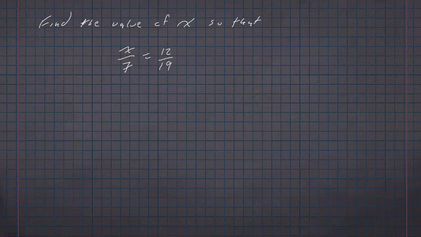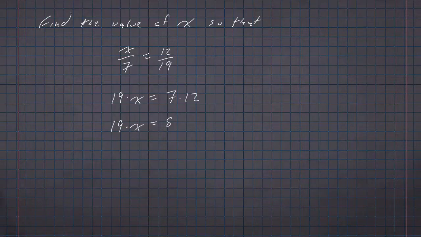In this particular case, x is in a proportion, so I can start off by using the cross product test to conclude that 19 times x is equal to 7 times 12. And 7 times 12 I can calculate is 84.